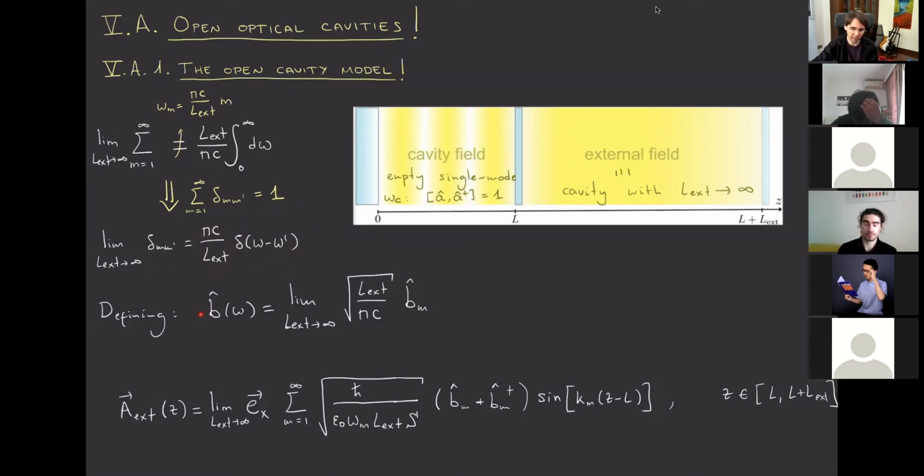So if we define an operator b that is equivalent to the operators b in the discrete case, but multiplied by this factor, then just from the commutation relations of the b's, we will get that the commutation relations of these operators are the same as we had in the discrete version. So let me write here, then we get this.